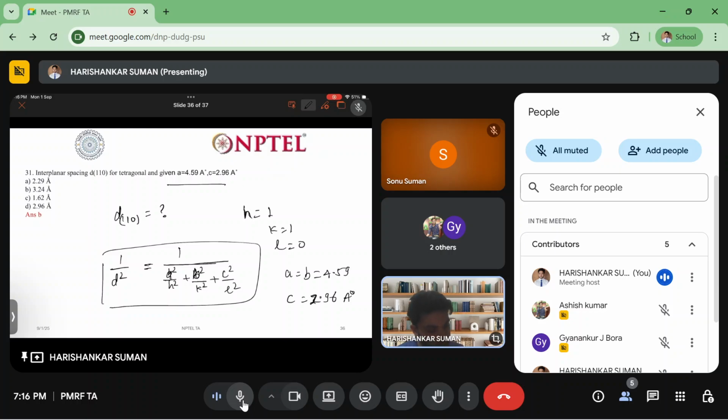Please use this in this equation and solve. Try to solve this. Are you getting it or not?